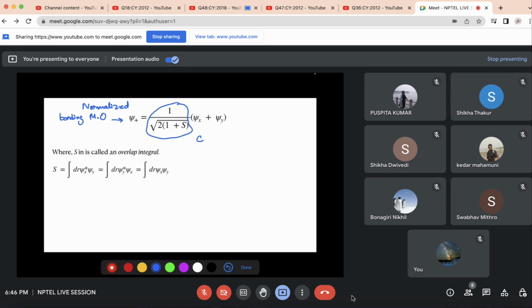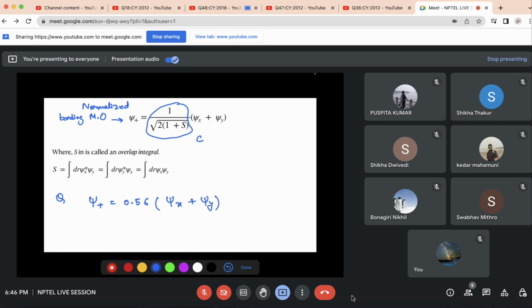So in our question, we are given the expression psi plus is equal to 0.56 multiplied by psi x plus psi y.